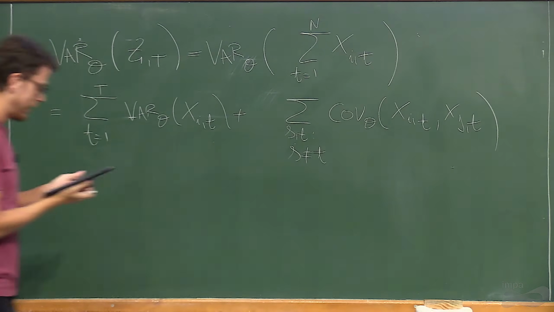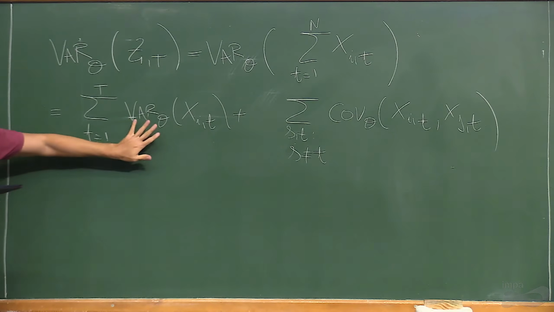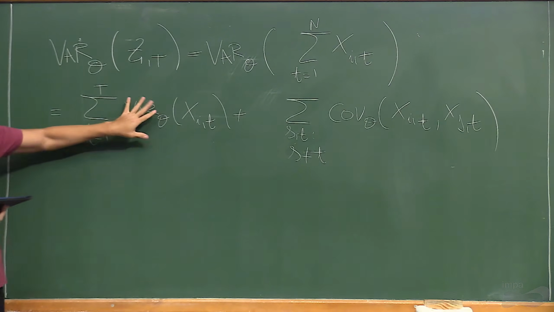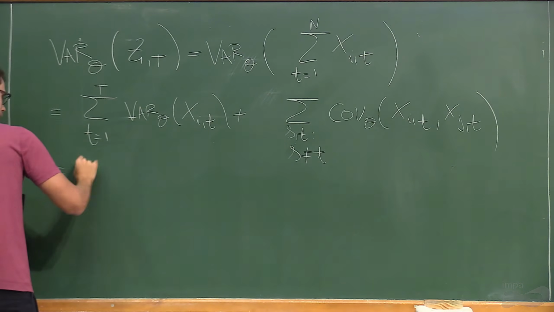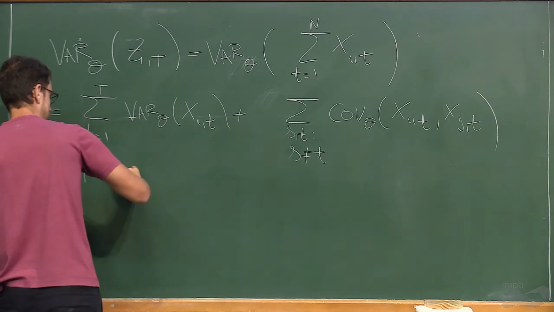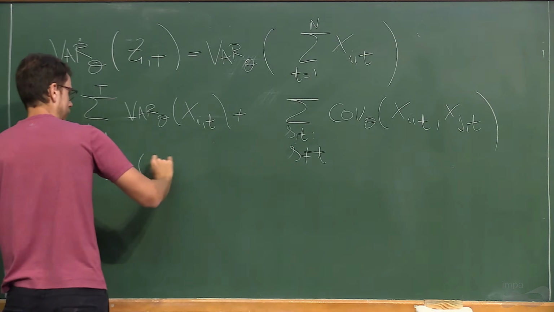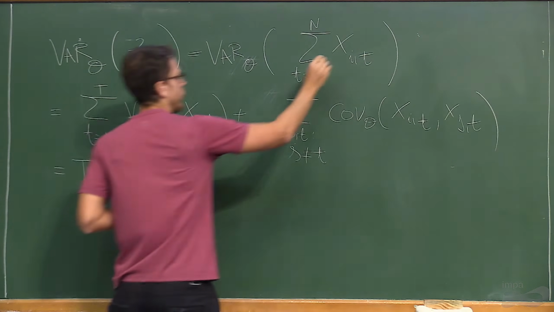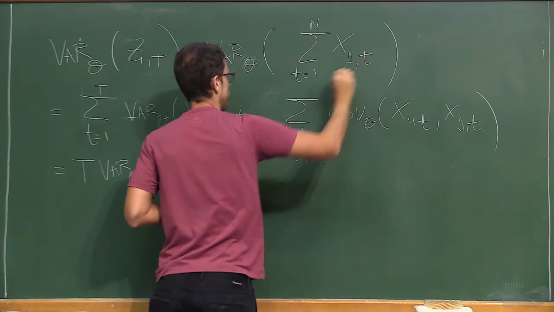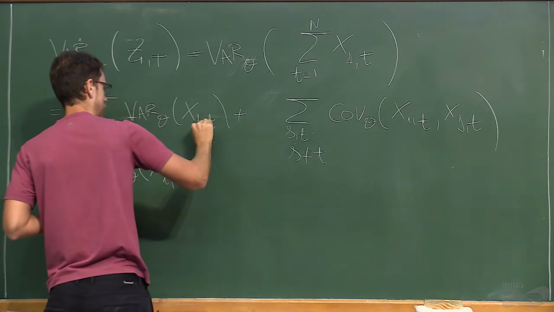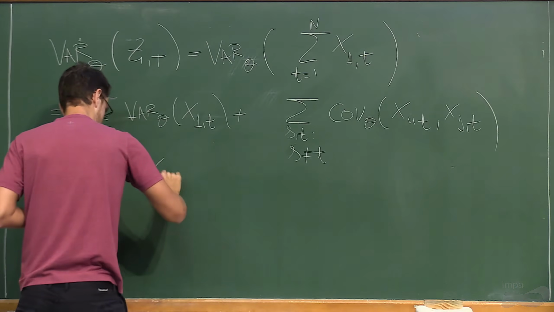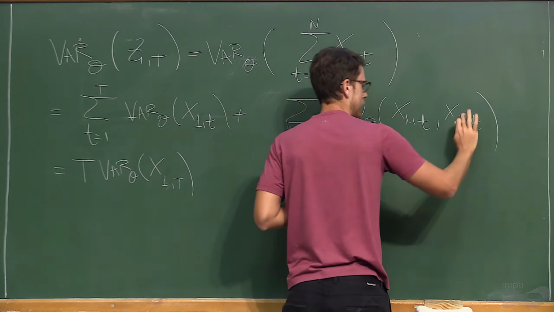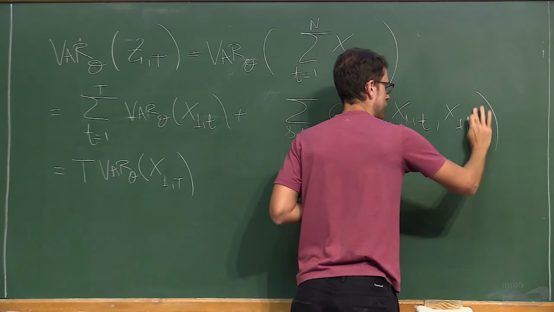And by stationarity, remember that conditional on theta we assume that we have something stationary, this is the same as t times the variance of xi.